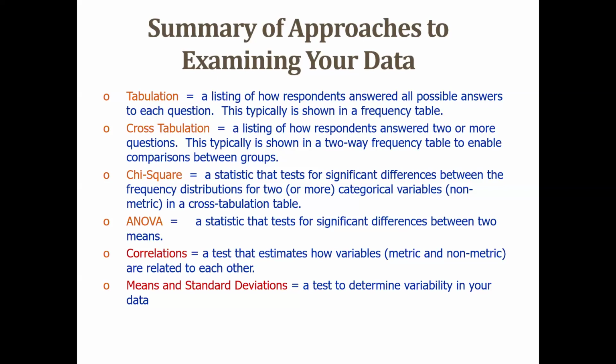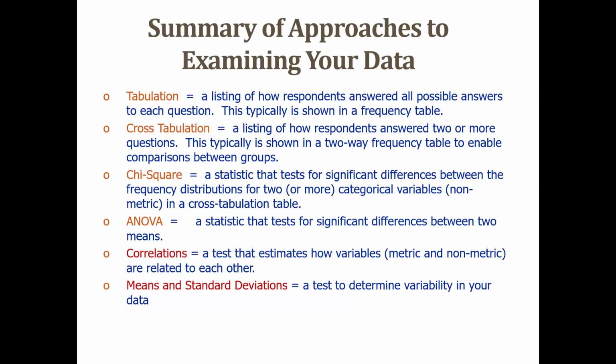That is a non-metric one. In a cross tabulation, chi-square will help you determine the extent to which those responses from the groups deviate or align with each other, the extent to which they are different or not. So it looks at testing the significance of the differences in terms of the responses across the groups that you have in your cluster.